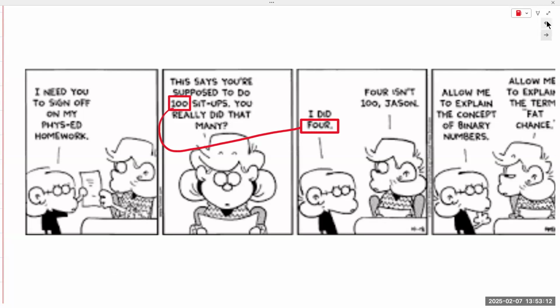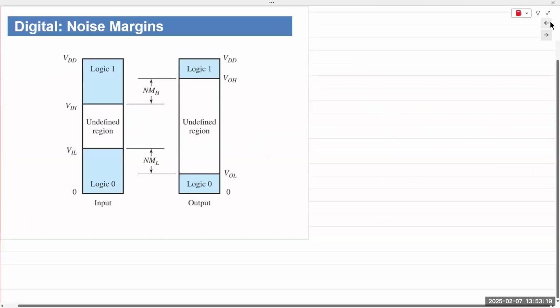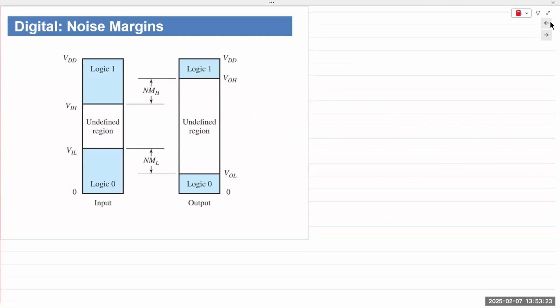All right, so let's go back to our on and off. Okay, so as we said, it's good at rejecting noise signals, right? So if you have a digital signal we are trying to transmit from point A to point B, you're trying to transmit data from point A to point B. It picks up some noise along the way, right?